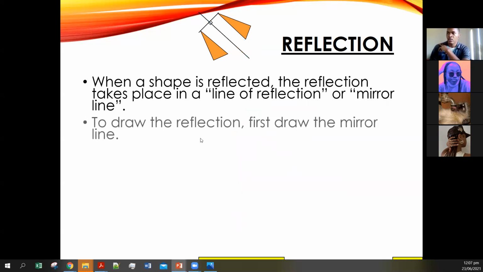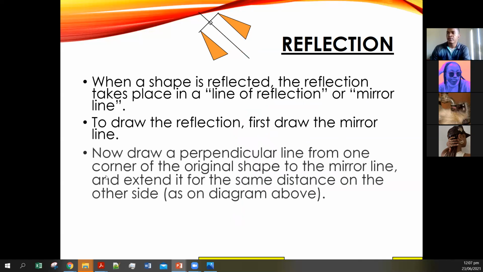So to draw the reflection, first draw the mirror line. Now draw a perpendicular line from one corner of the original shape to the mirror line and extend it for the same distance on the other side of the line. I believe this is a straightforward process, and we do that for all of the points basically.